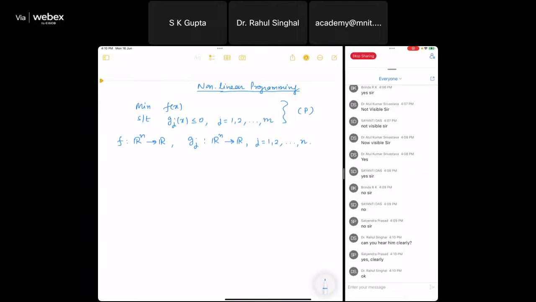So the number of variables is n, and the number of constraints is m.